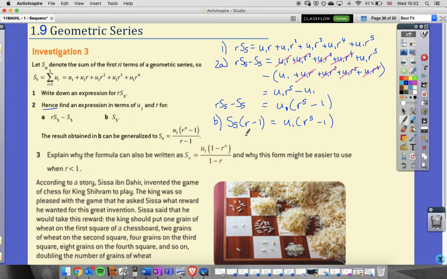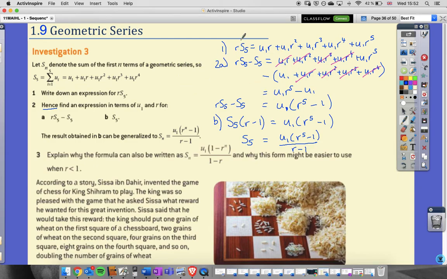I want to find S5, so I could just divide by r minus 1. Okay, and now I've got a formula for finding the sum of the first 5 terms of this geometric series.